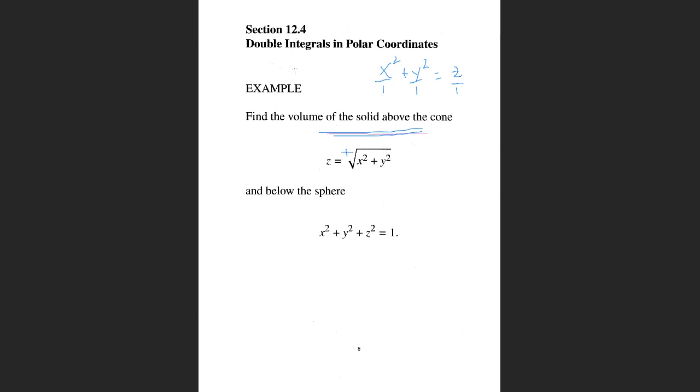The actual cone itself is z equals plus or minus the square root of x squared plus y squared. That'll get you both the top and bottom parts of the cone, coming from the origin. But you're only going to get the top part of the cone here because you have a plus here.